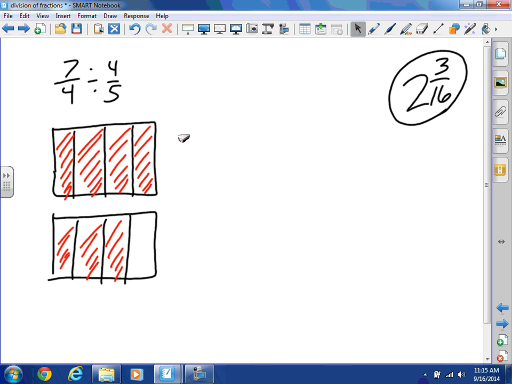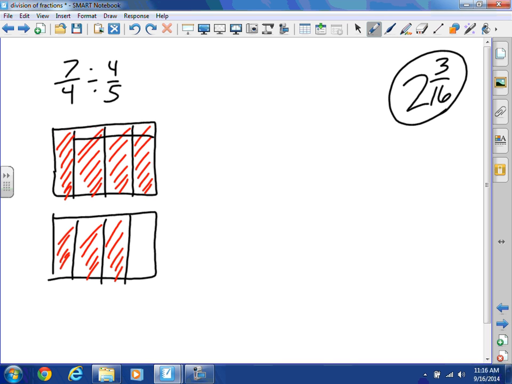Now, what I would like you to do is take this side and split it into fifths. So basically, you need to draw 4 lines: 1, 2, 3. I'm not going to quite make it, so let me go back.